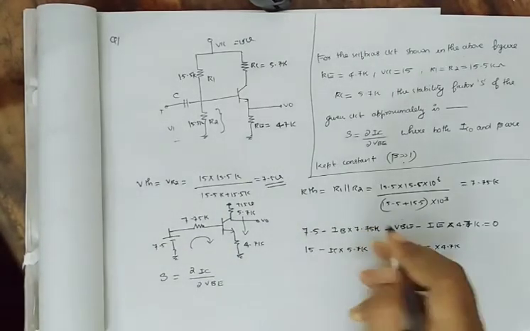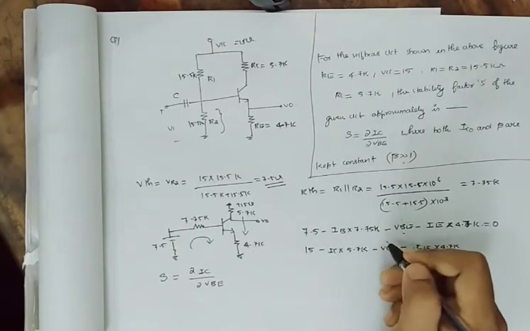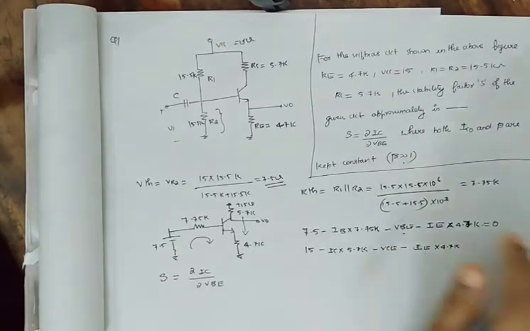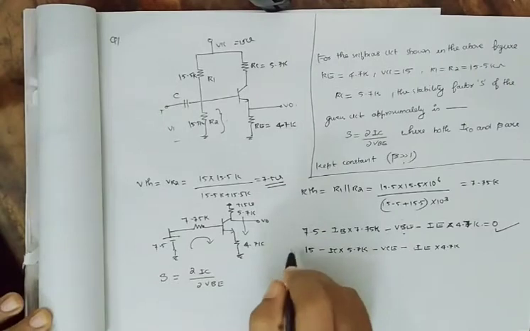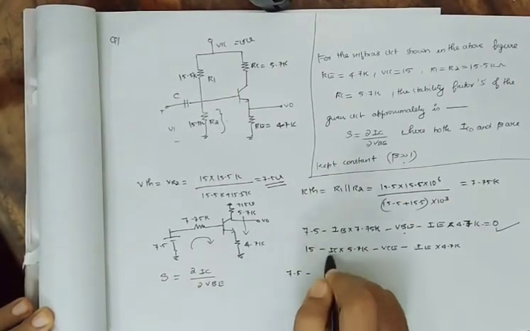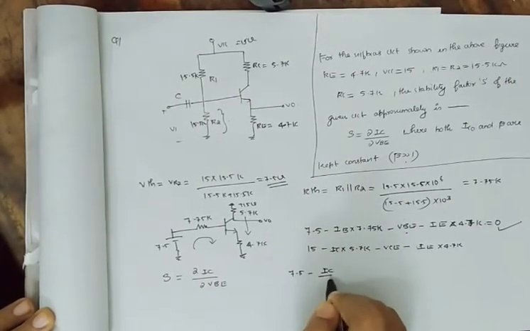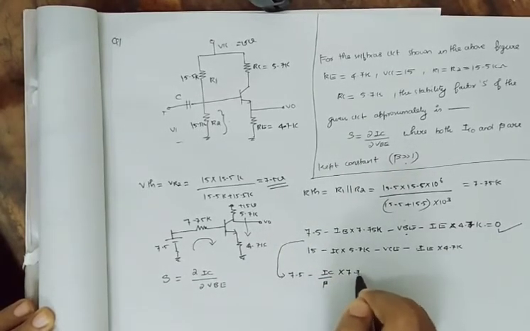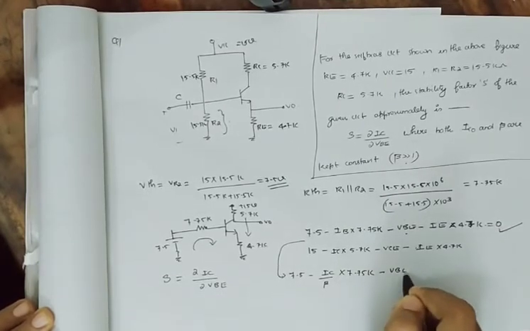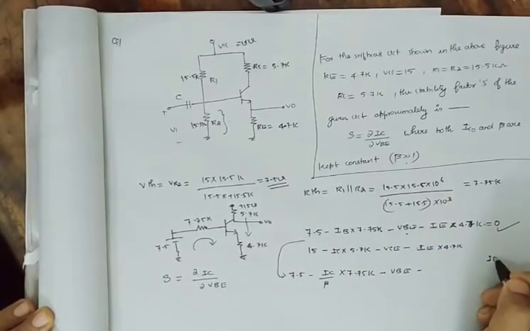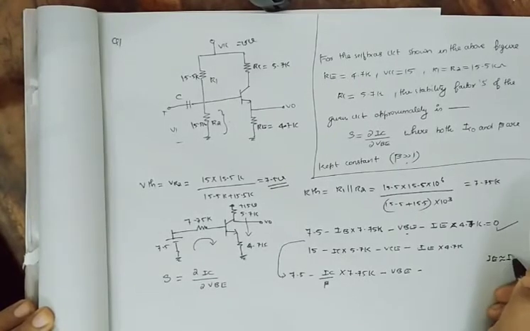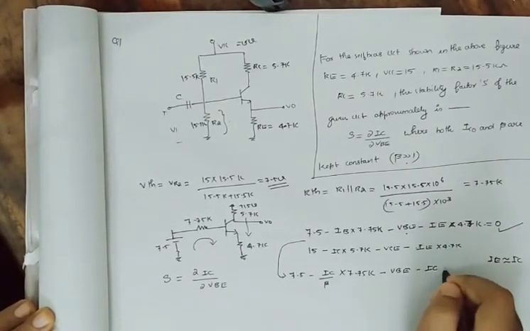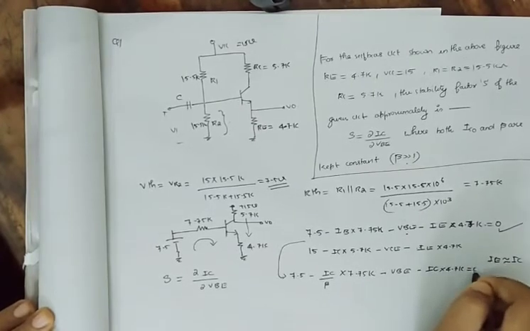We have to have an equation where both VBE and IC are there. So I am going to take this equation. We will get 7.5 minus IB, instead of IB I'll write IC divided by beta, into 7.75 K minus VBE minus IC, since IE is approximately equal to IC, minus IC into 4.7 K, which is equal to 0.